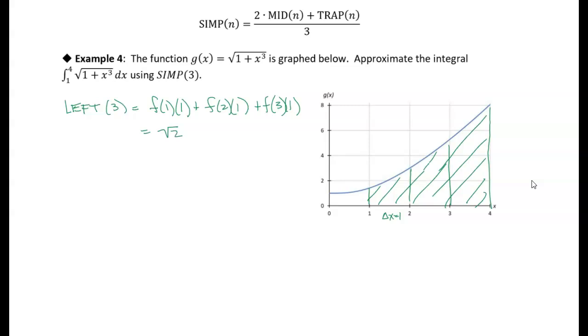And then if I plug in 2, I get the square root of 1 plus 8, which is 9, square root of 9, plus the square root of 3 cubed is 27, plus 1 is 28. Okay, and I add that all up and I can get a decimal approximation of 9.705716. Okay, so there's the left. Now let's do the right.